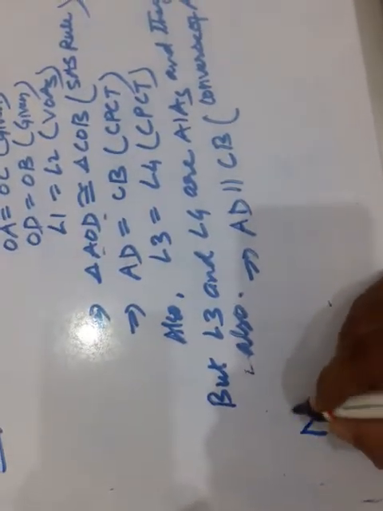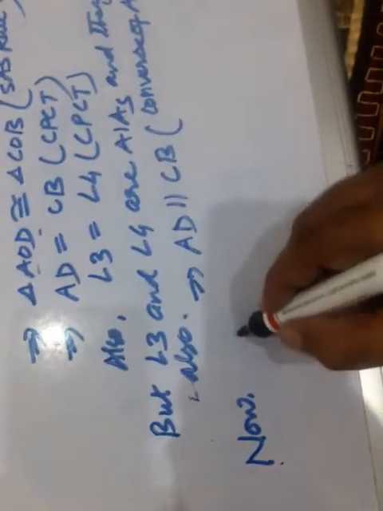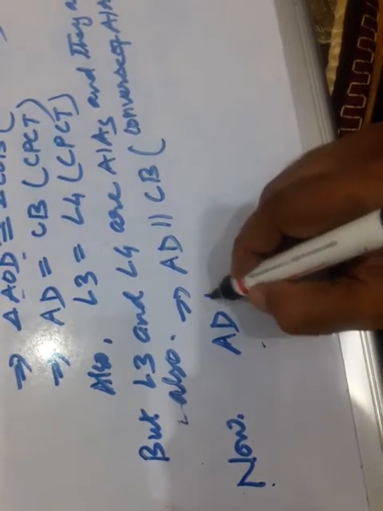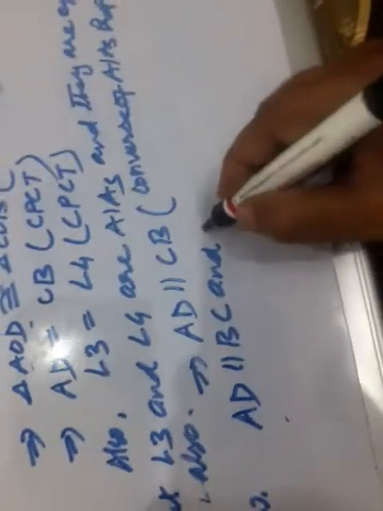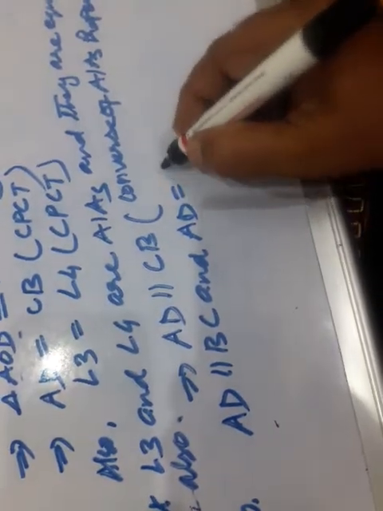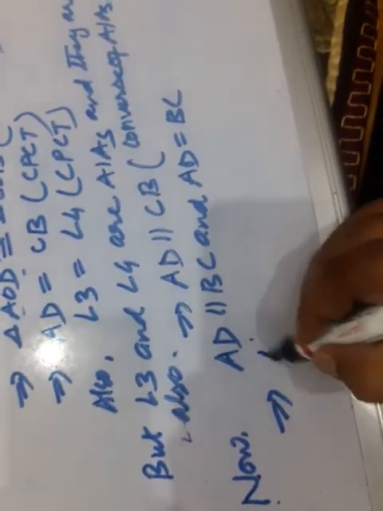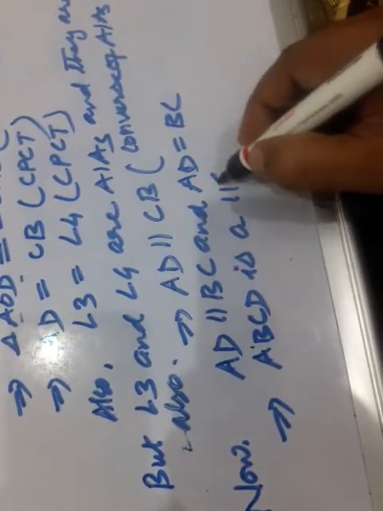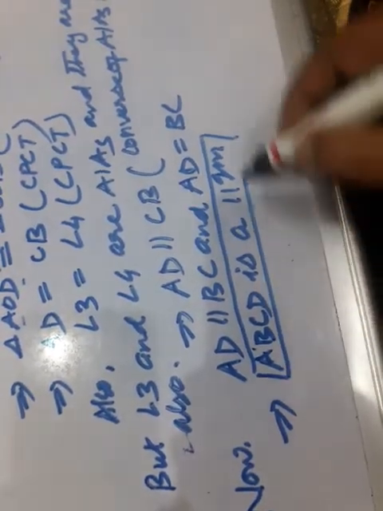Now children, what do we have? AD is parallel to BC, and AD is equal to BC. This implies that ABCD is a parallelogram. Why?